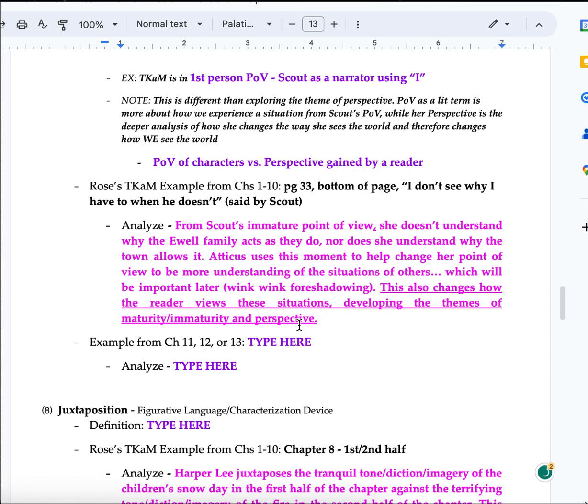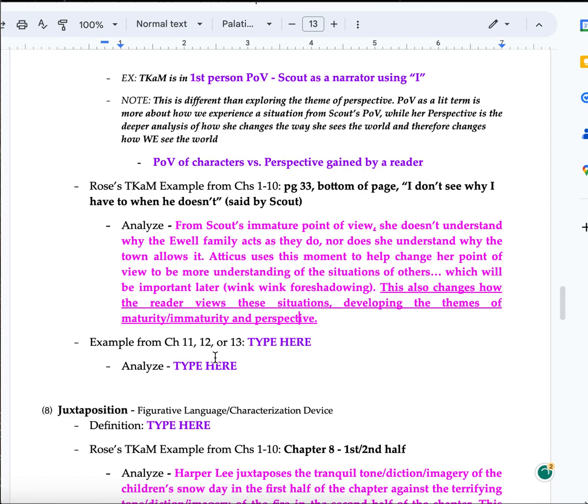So prior to this moment, we've been using perspective pretty interchangeably. But now I'd really like us to start clarifying that Scout's point of view helps us to learn more about how perspectives change. Her point of view gives us a lens into the themes that are being developed.